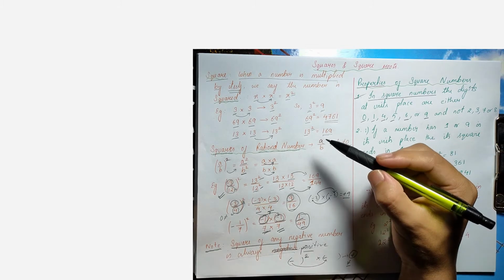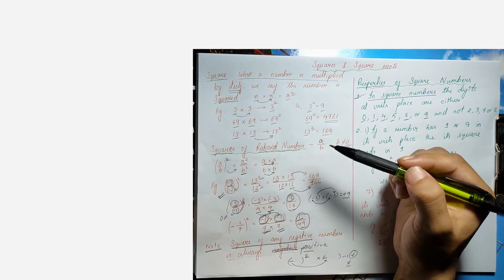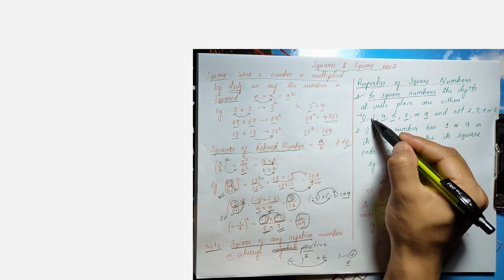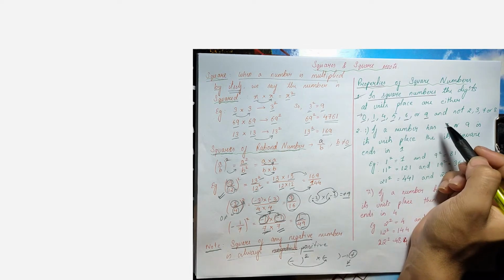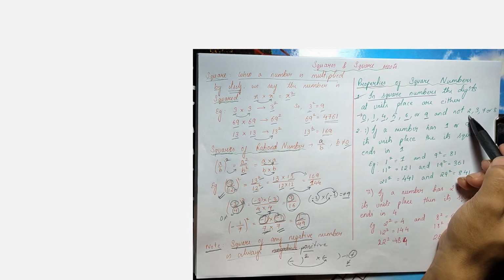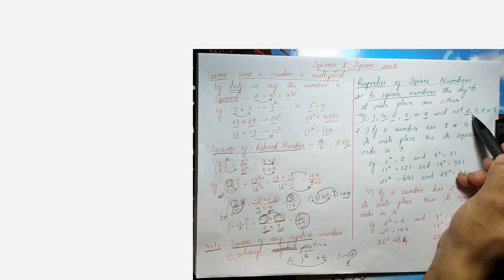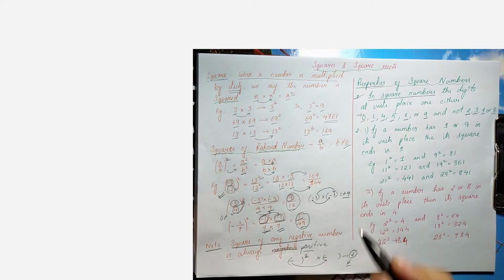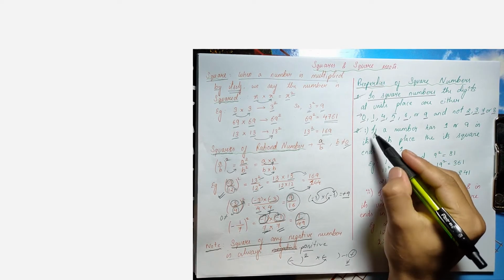So if you look at the table, all the squares of numbers end with either 0, 1, 4, 5, 6, 9. None of the squares end with 2 or 3 or 7 or 8.